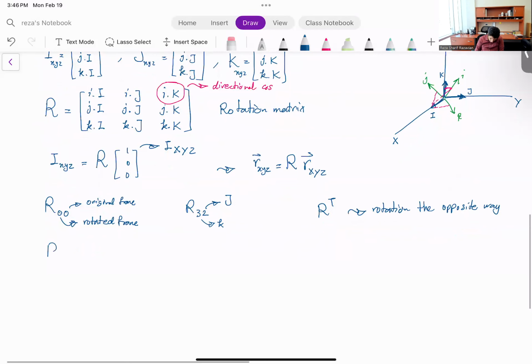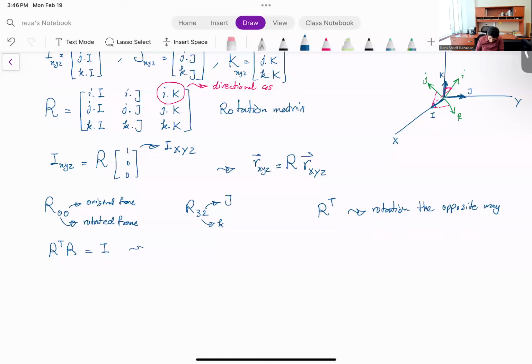So R transpose R: you have a vector, you rotate your frame, look at the new components, and then rotate it back to the same place. You're looking at the same thing. So this transformation is actually the identity matrix, I.